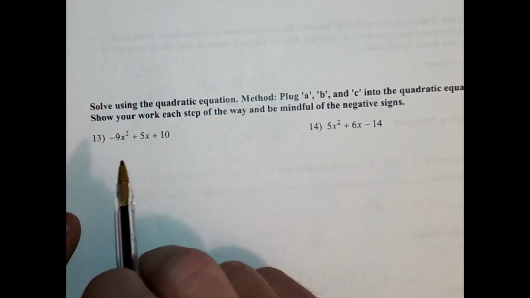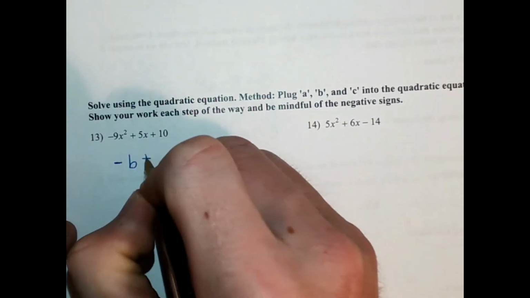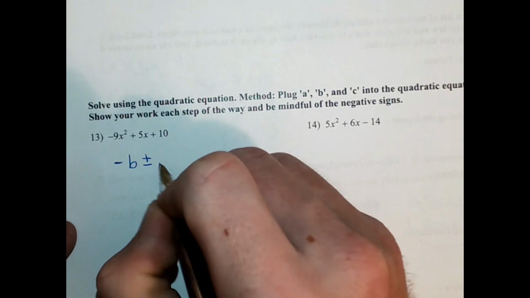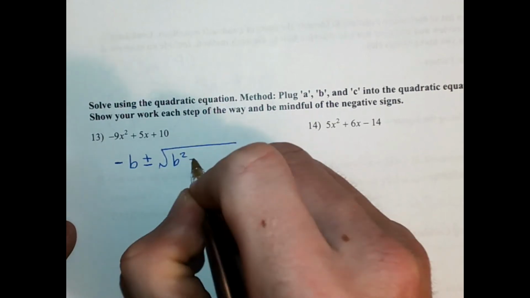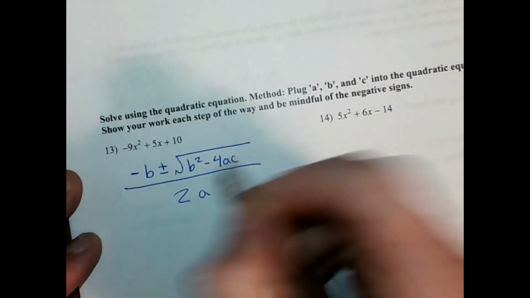Okay, here we have the quadratic formula problems. A, B, and C are kind of unfriendly values when considered all together. So our formula is the opposite of b, plus or minus the square root of b squared minus 4ac, all divided by 2a.